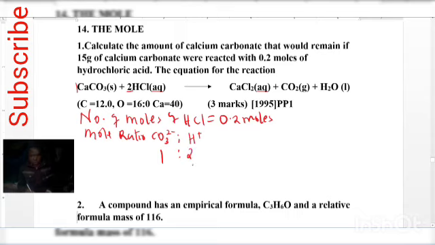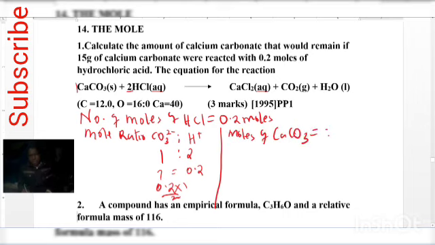If the moles of HCl is 0.2, what will be the number of moles of this? That will be 0.2 times 1 divided by 2. So moles of calcium carbonate will be equal to 0.1.